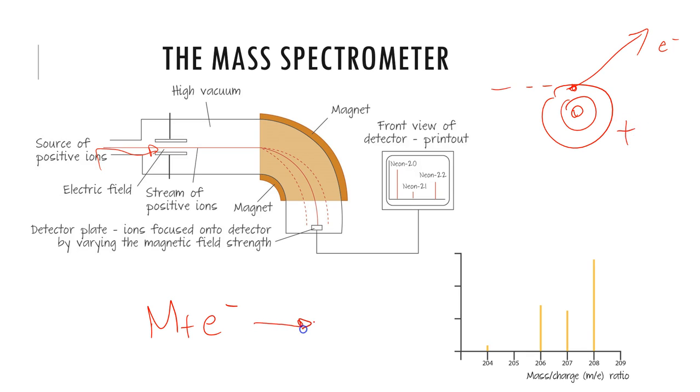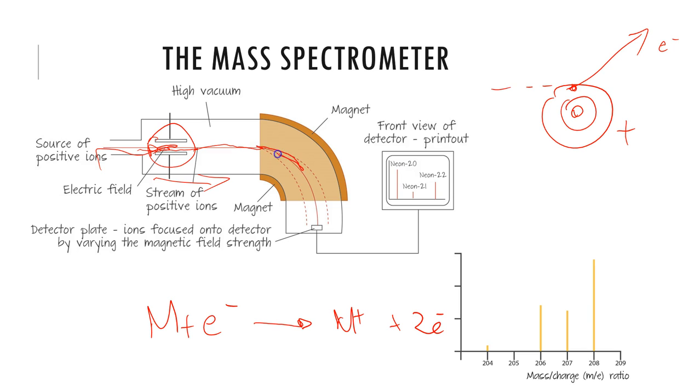So we shoot electrons at it, we get a positively charged atom, and then 2 electrons being spat out. Okay, so they come in, they're charged, and then this is an electric field here, not a magnetic field, and the electric field accelerates them, causing them to move faster, and then they come down this tube.